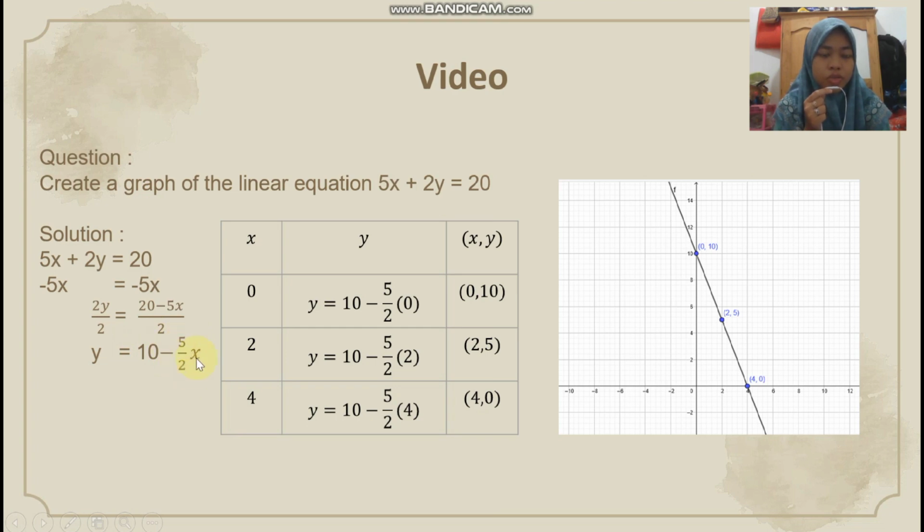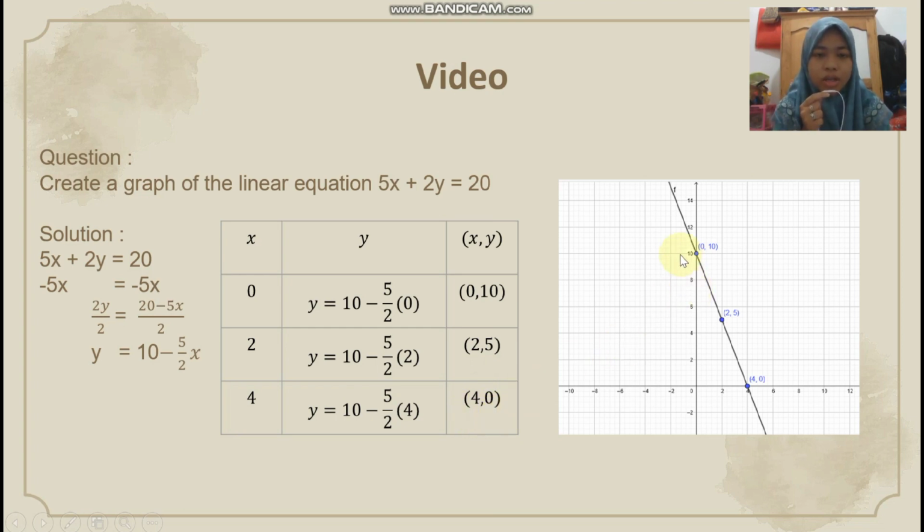5 divided by 2 times x. And we can see x is 0, 2, and 4. And we can substitute x is 0, 2, and 4, and y will be 0, 10; 2, 5; and 4, 0.